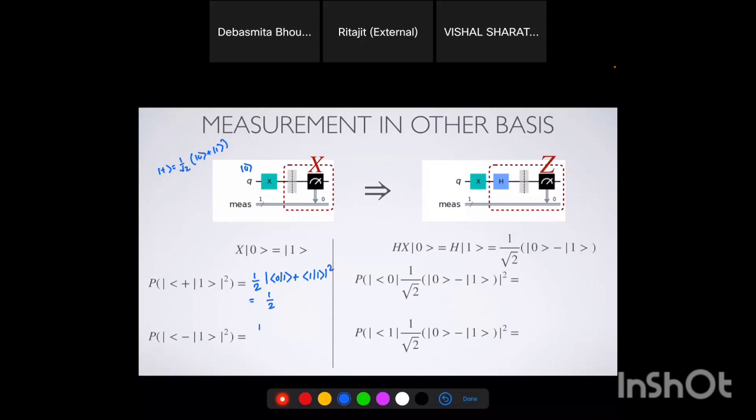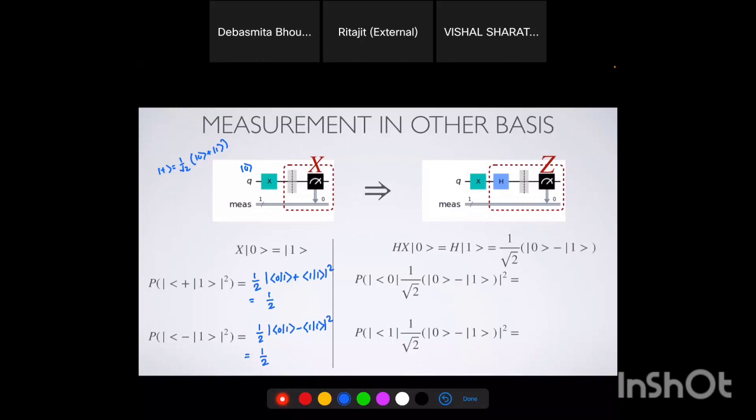Similarly, this will be half, mod of 0,1 minus 1,1 modulo square. So again, half. So if you have the state 1 and you measure it in the x basis, then you get the outcome plus with probability half and minus with probability half.